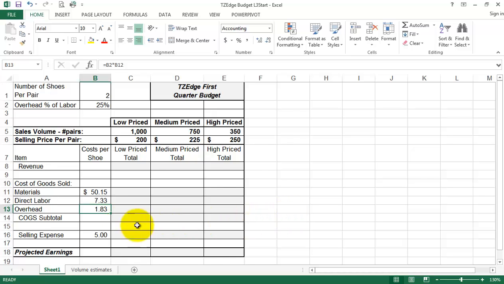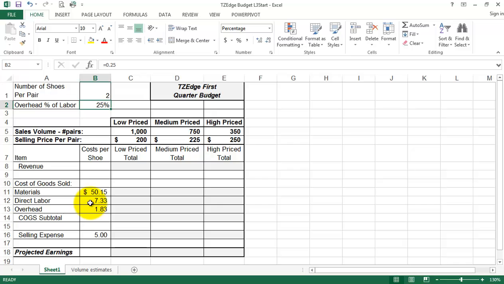And they've come up with a cost of 25%, which is sitting up here, as a proxy or an estimate for the cost of overhead. So the accountants figure these things out. They say, okay, the direct labor is $7.33 for one shoe, and we're going to charge ourselves 25% of the cost of direct labor for the overhead involved with actually building the shoe.